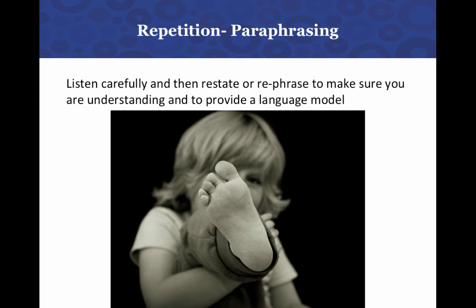So depending on the age of the child, it could be a simple single syllable, ba, if they're pointing to a ball or a bottle, and your repetition for that could be, "You'd like a bottle?" And then you would wait for the child to respond to you. Repetition is helpful to develop more sophisticated grammar and vocabulary.